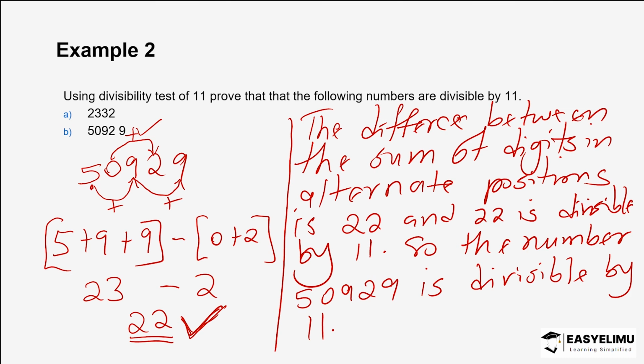So in restating the condition, we have to give evidence of our outcome. Our outcome is 22. It's not a 0. So the evidence we have is that the difference between the sum of digits in alternate positions is 22, and 22 is divisible by 11. So the number is divisible by 11. So this is how you're supposed to be framing your response if such a question appears in one of the tests or even in an exam.